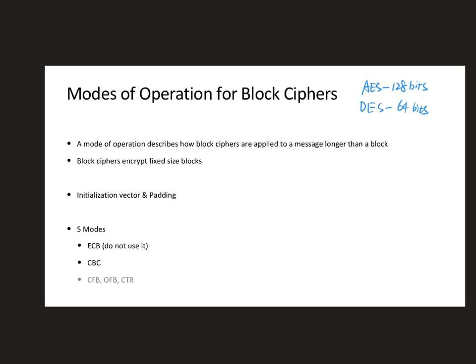The opposite of block cipher is called stream cipher. A stream cipher is a symmetric key cipher where plaintext digits are combined with a pseudo-random cipher digit string.